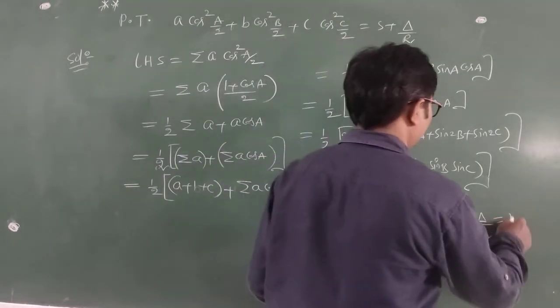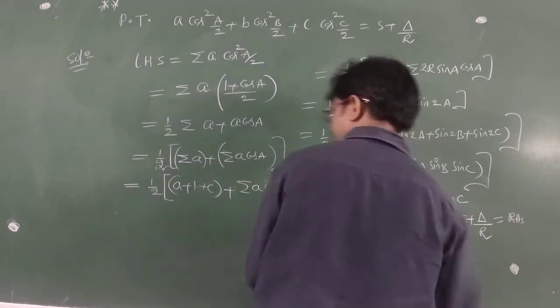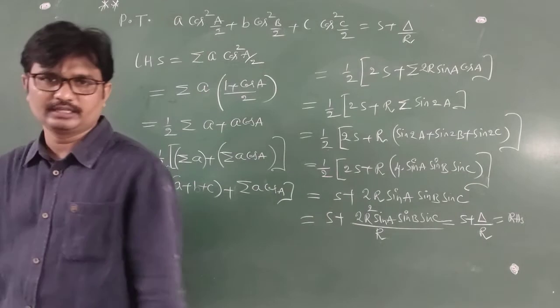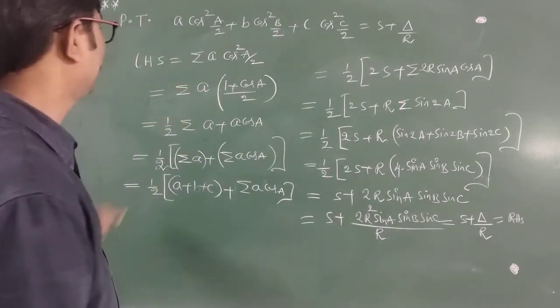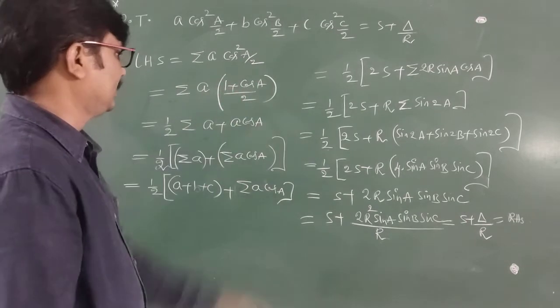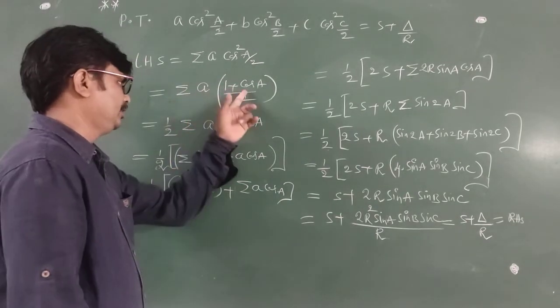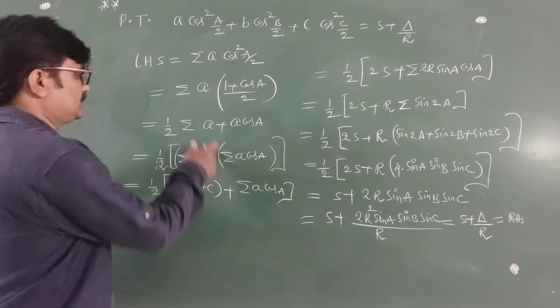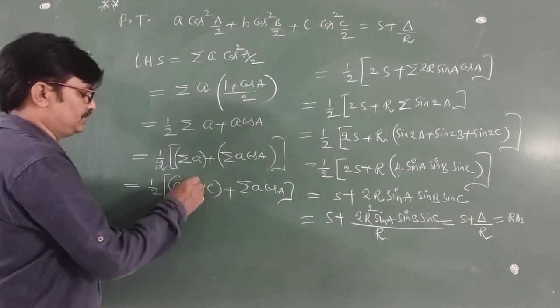This is the right hand side, students. How to write it? First we write a cos² (A/2) as (1 + cos A)/2. Now this is a into cos A. The sigma a means a plus b plus c.